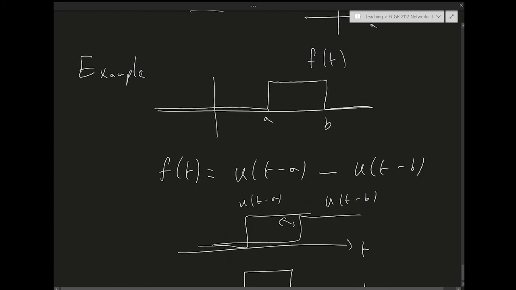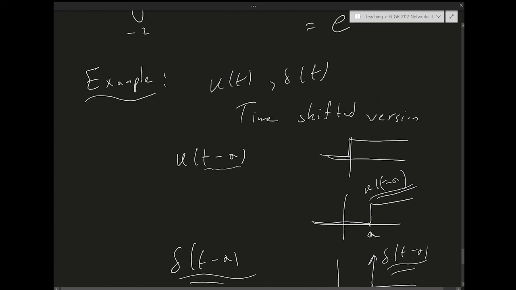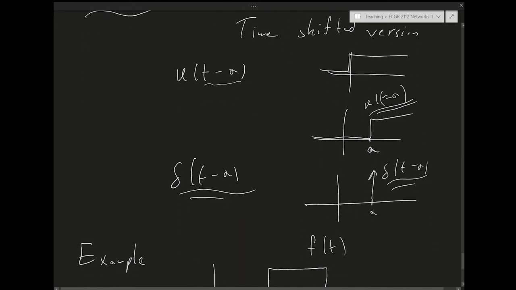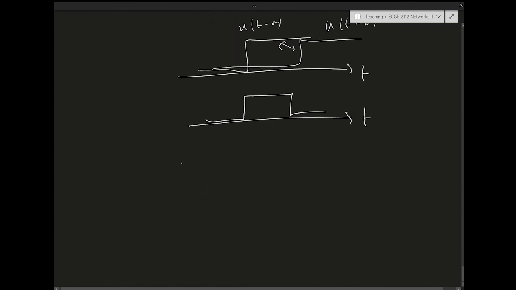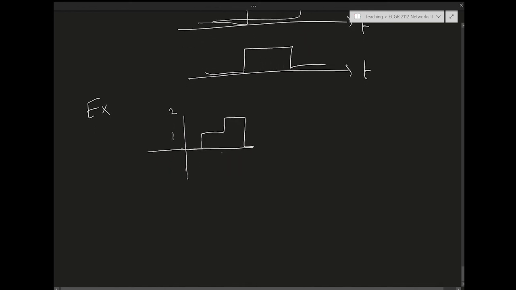Let's see what other example I could do. Of course, you can have something like this, right? So this is 1 and this is 2. What would this look like? Well, f of t would be, clearly there's a pulse here.